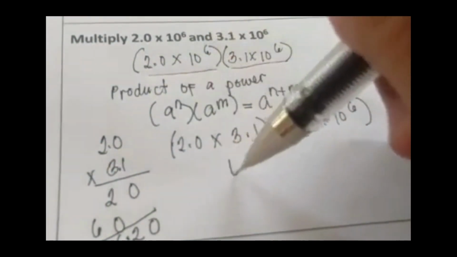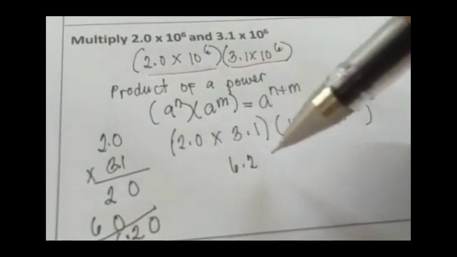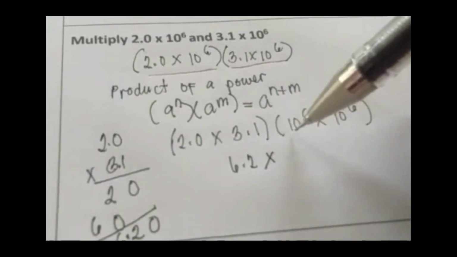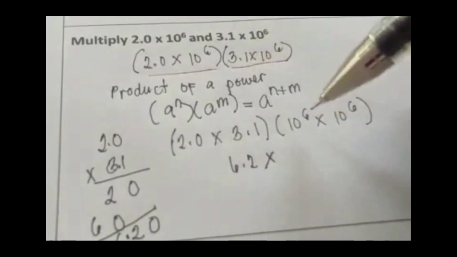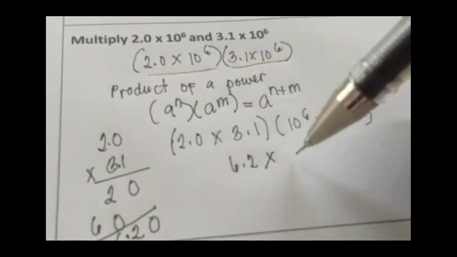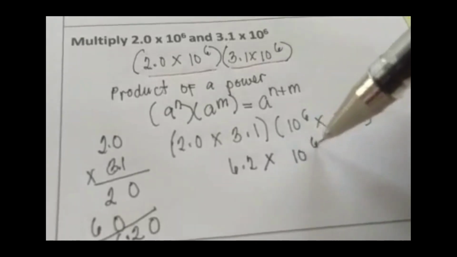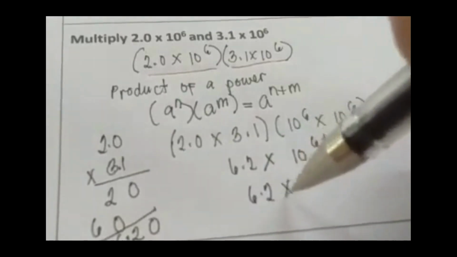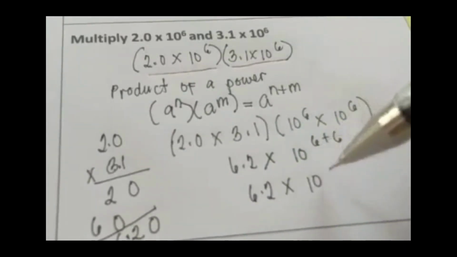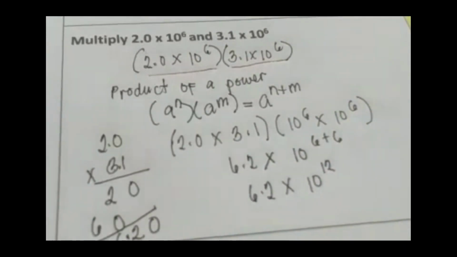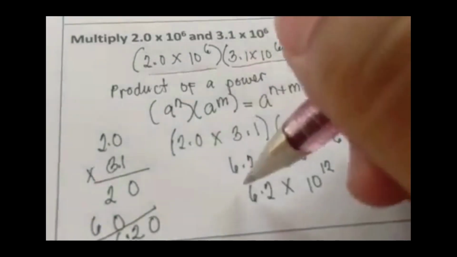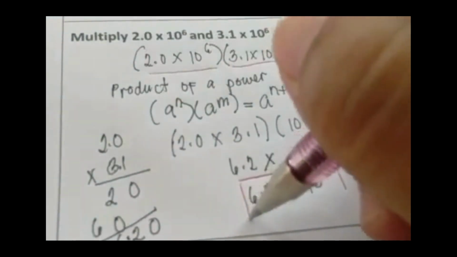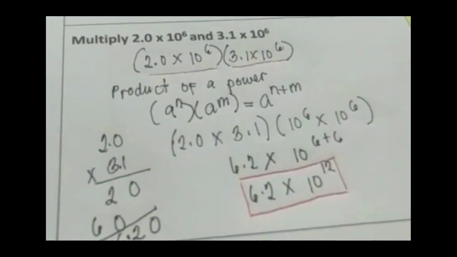So we have here 6.20 as our first factor times, we will apply the law of exponent, which is the product of a power. So we will just copy 10 and add the exponents. So that is 6.2 times 10. 6 plus 6 is equal to 12. So the final answer is 6.2 times 10 to the power of 12.